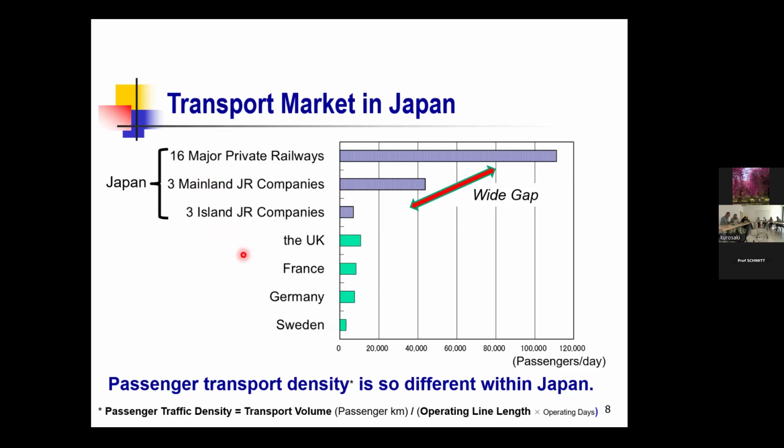However, the 3 island JR companies, that is JR Hokkaido, JR Shikoku, and JR Kyushu, transport fewer passengers. And there is a large gap in transport volume among them.